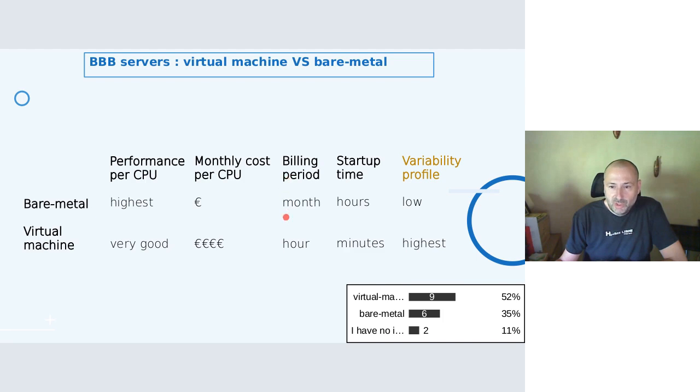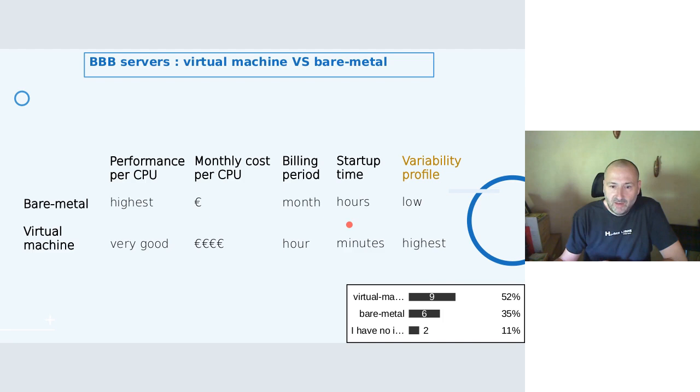But for a virtual machine, most of the time the billing period is an hour, whether it is month or bare metal server. And the startup time of a virtual machine is counted in minutes, whereas it is hours for a bare metal server.